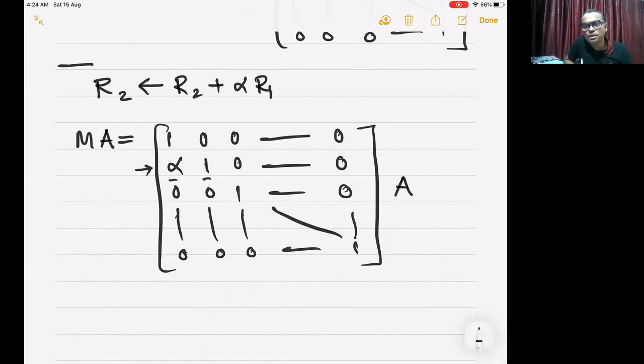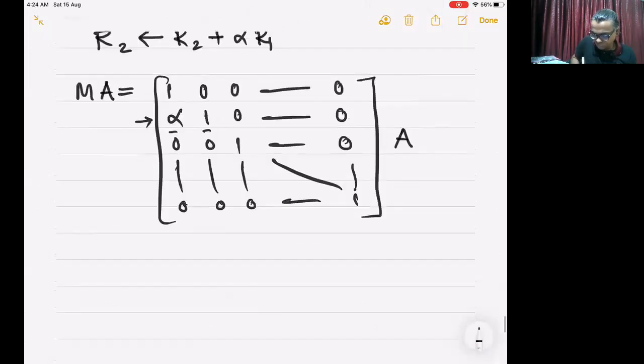So the linear combination will be, the first row of this product will be just A11, A12, dot up to A1n.